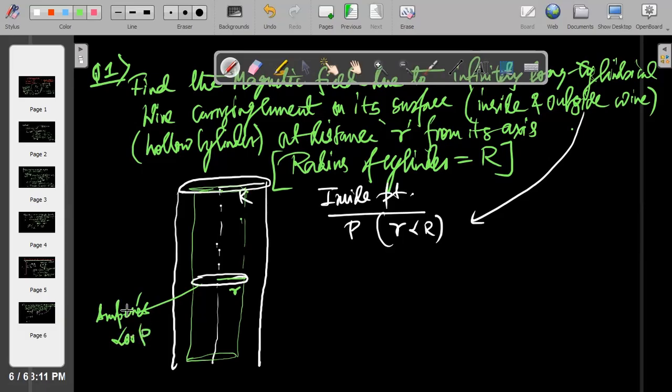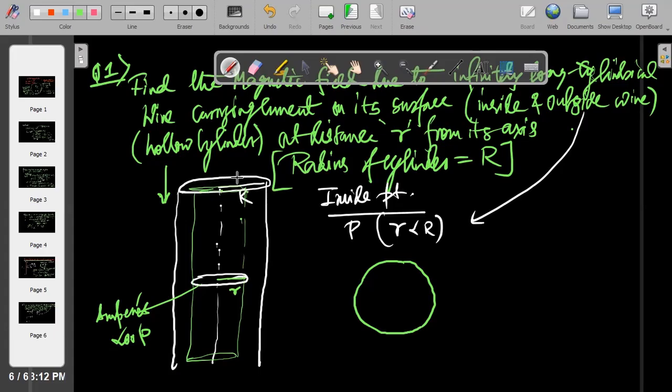Very easy. If you understand the previous one, it is all the same, right? Form the Ampere's loop. And what you can see from the top view, what I told you, you will see a circle like the previous example.